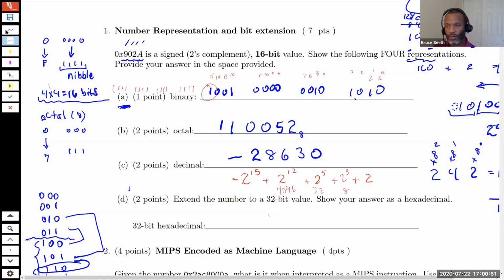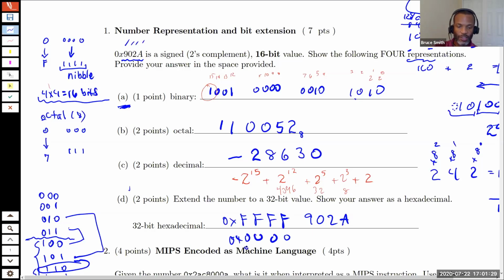So the answer for this is going to be 4 bits, 4 bits, 4 bits, 4 bits, and then the original value, 902A. And so that's my 32-bit value. So that's sign extension. If it's a 1, typically it's just going to be F's that shoot out. If it's a 0, it would just be 0x, 1, 2, 3.